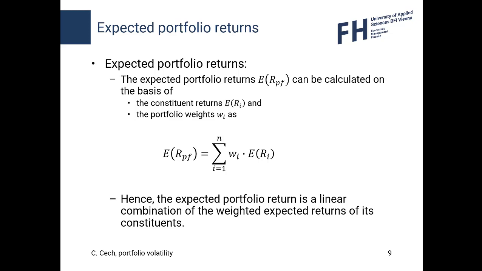We then use the formula that you can see to calculate the expected return of the portfolio. So what we need to do is, for every constituent, we must multiply its weight with the expected return of the constituent, and then finally take the sum of these results.